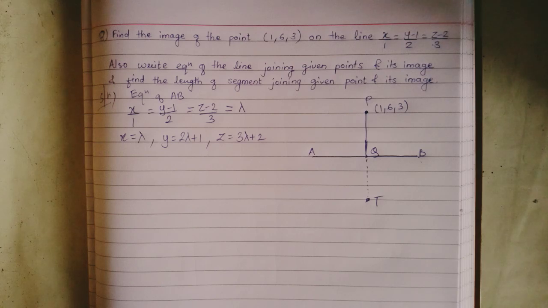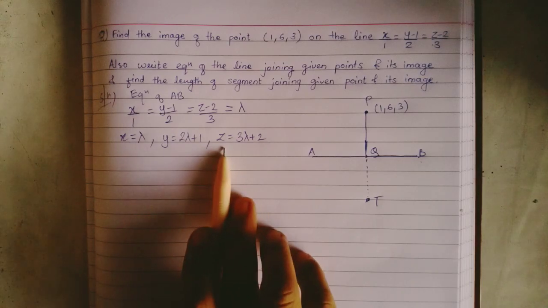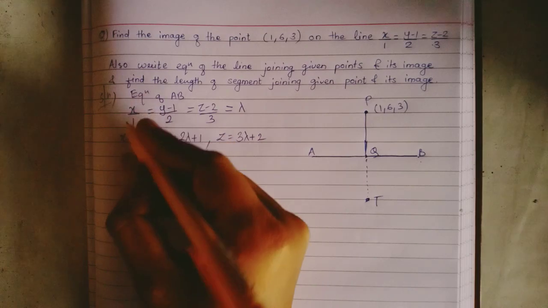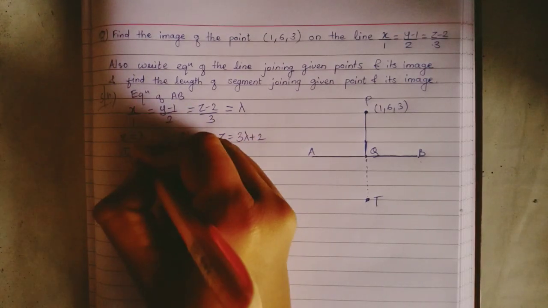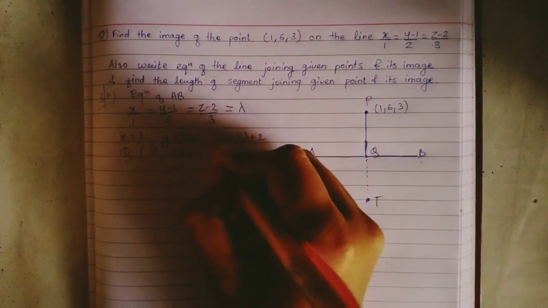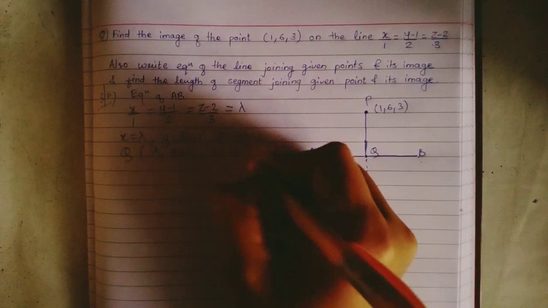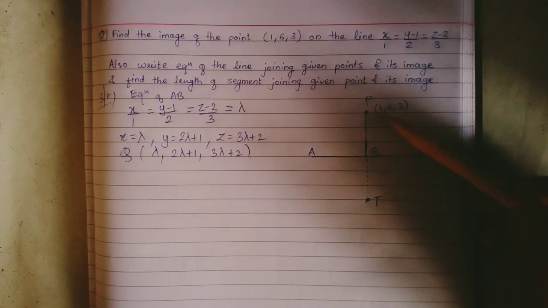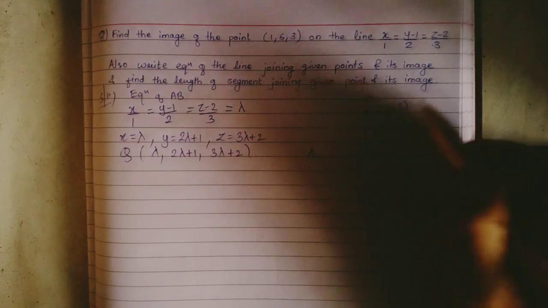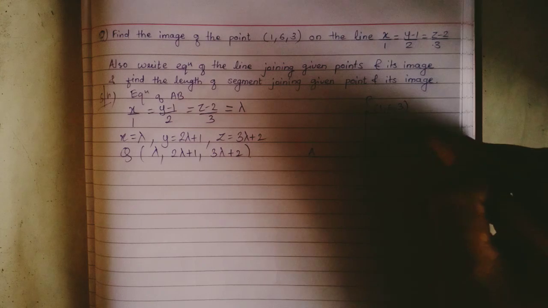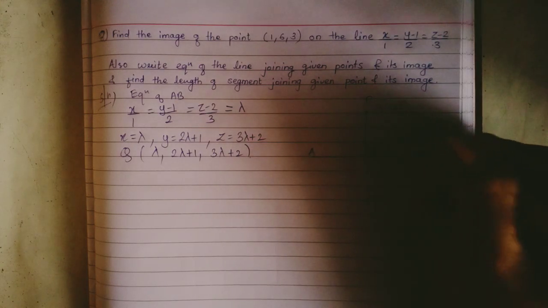So this point is on the line AB, which is our point Q. So Q point is lambda, 2 lambda plus 1 and 3 lambda plus 2. Now this point P is (1, 6, 3) and this point is lambda, 2 lambda plus 1 and 3 lambda plus 2.